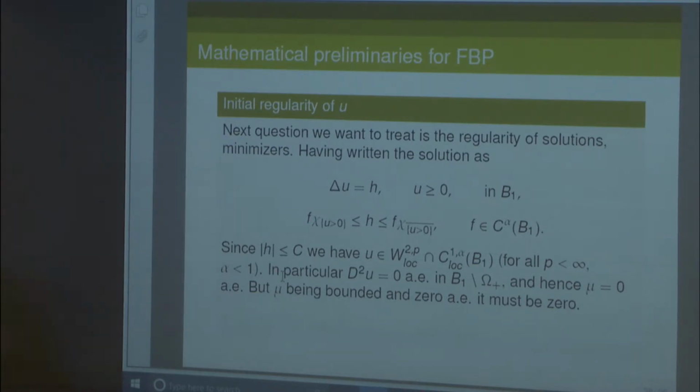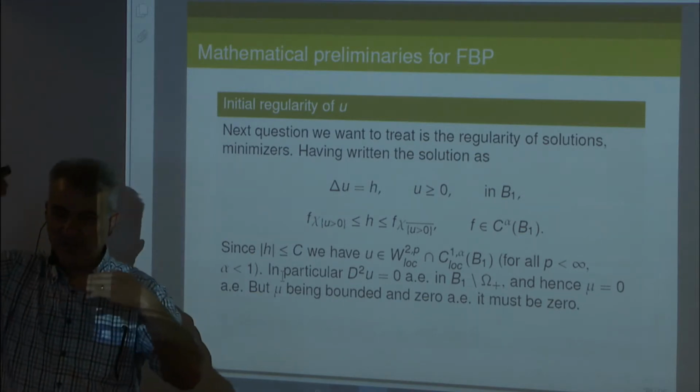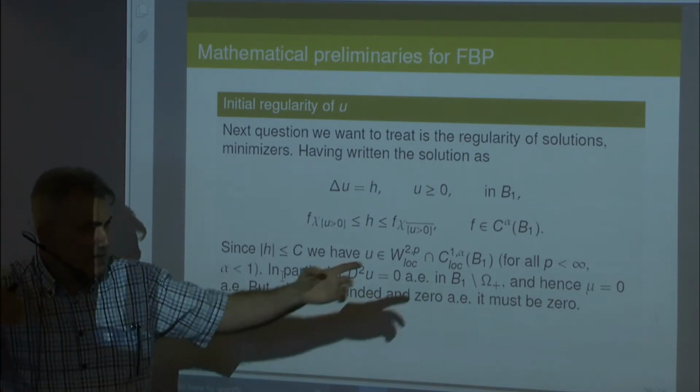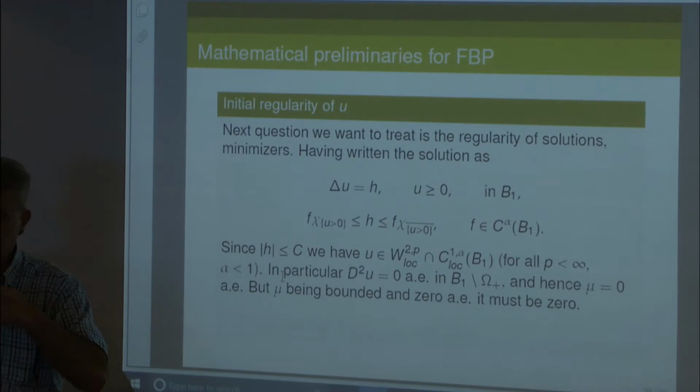And that already forces that the measure, which in that example was a Dirac mass, is not there. So the function x plus was not an answer to our problem here. It looks like the function x plus to the power 1 plus alpha or something like that.